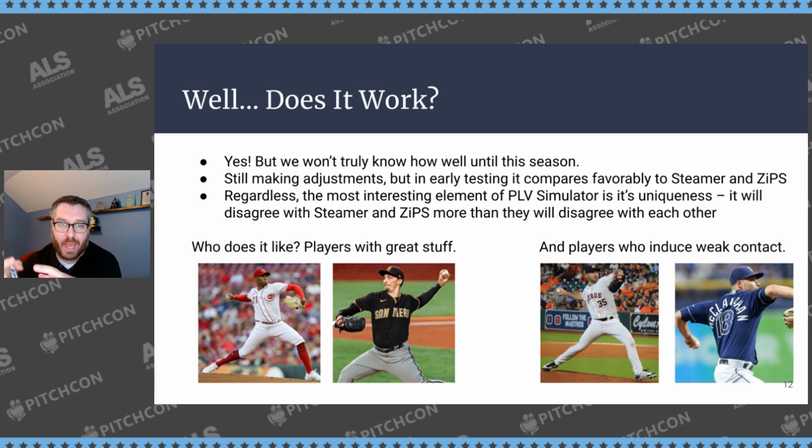So players like McClanahan and Gonsolin, who have these weak contact qualities: a lot of projection systems, or at least some of the older ones, would just say they're getting lucky, and they'd come out with a very bad or regressed projection. We're saying no, those were earned bad contacts, earned grounders. And so going into the projection system, those are guys that come out really well. And I think that's really fun.